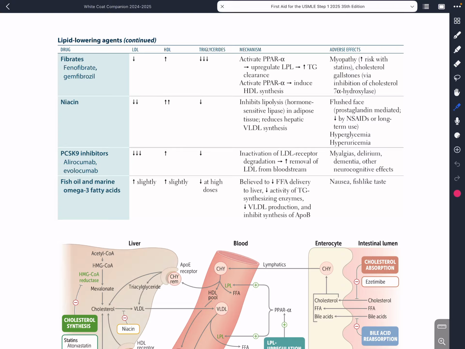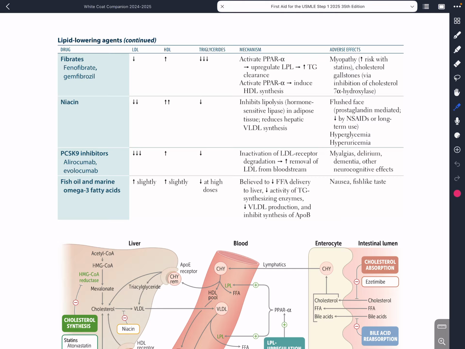Another lipid lowering agent is fish oil and marine omega 3 fatty acids. These are over the counter garbage. You can even find them in Walmart or any local pharmacy. They slightly increase LDL, increase HDL, and slightly decrease triglycerides at high doses. This is why I call it garbage, because it doesn't do much. It is believed to decrease free fatty acid delivery to the liver, though there is no proof.